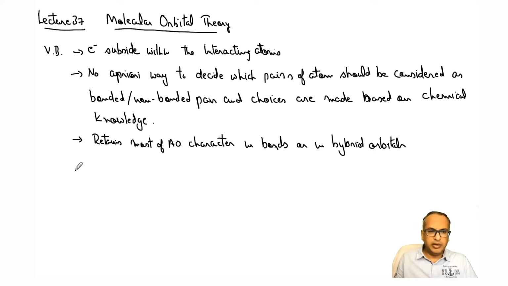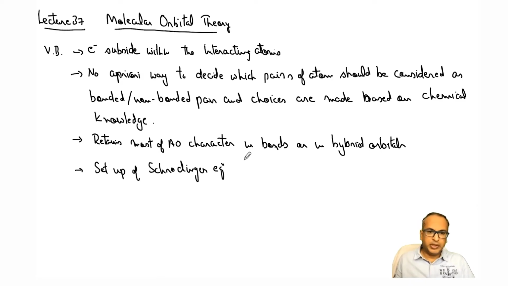And also, how do we set up the Schrodinger equation in this? So, let's say if we want to calculate the energy of different orbitals and all, then you need to set up and solve the Schrodinger equation.